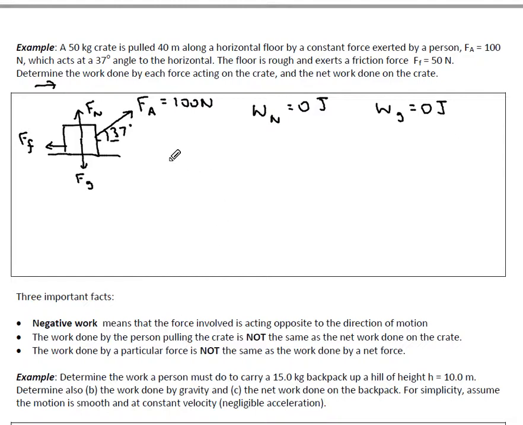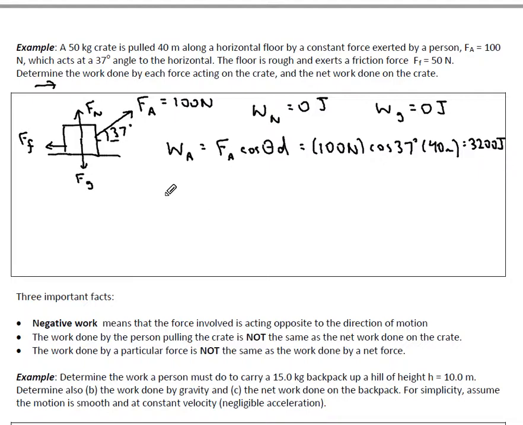But the work done by our applied force is Fa cos theta times how far it travels. It's 100 newtons of force being pulled, the angle is 37 degrees, and it's traveling a distance of 40 meters. So we end up with 3,200 joules.